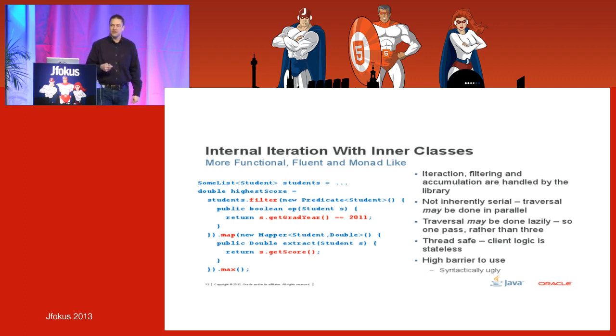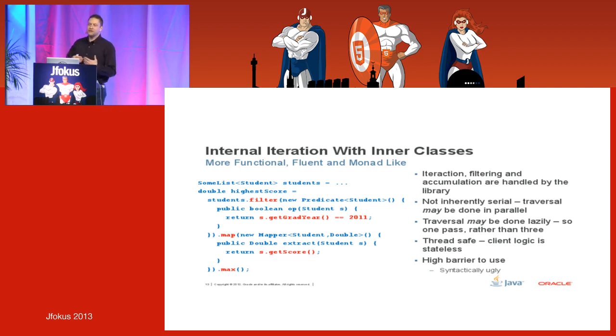In this case, it takes a mapper type as a parameter. And then we actually have a method on that which is called extract, and that simply returns the score of that student. And then we pass all of that data into the max method to say, okay, give us whichever is the maximum value of that set of data.